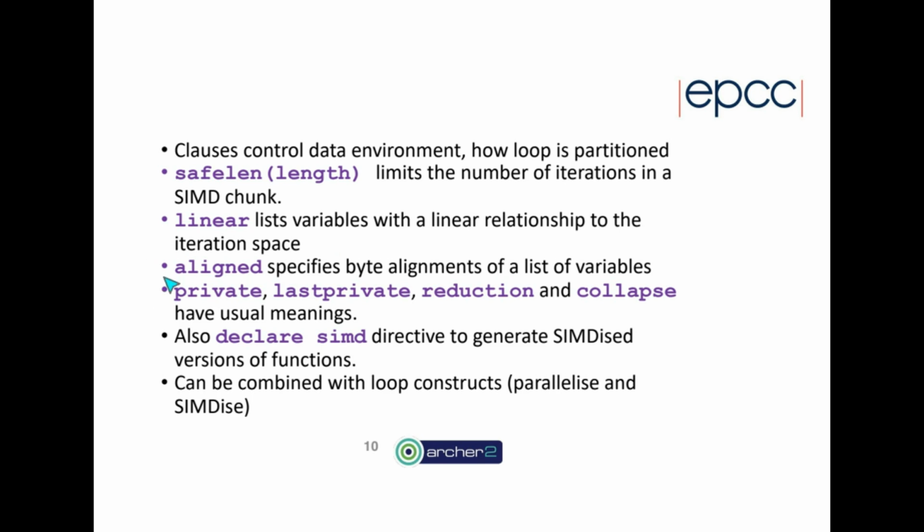Another important thing is being able to specify the byte alignments of variables. That's another reason why compilers struggle to generate vectorized code in general cases: they cannot tell how arrays are aligned with respect to the vector lengths. So this clause allows you to say, I guarantee that the start of this array is aligned on a 32-byte or 64-byte boundary or whatever.